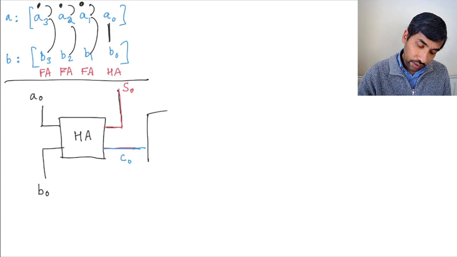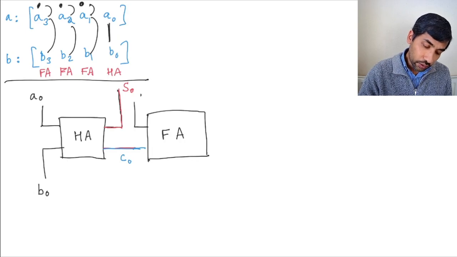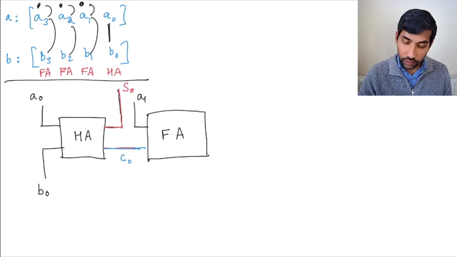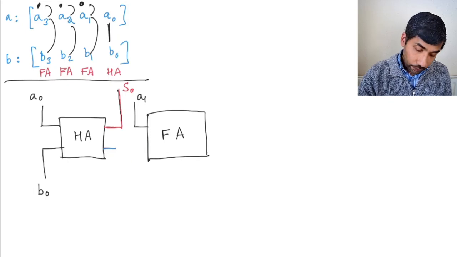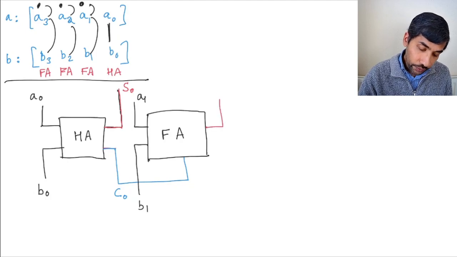And then what you do is you take a full adder circuit, and you give it as an input A1, and you give it C0. Let's just redraw this C0 in a different place to make it a little bit clearer. So let's draw C0 going here, and then you have B1 here, and the output is you add these three numbers, you get the first bit of the sum, S1.